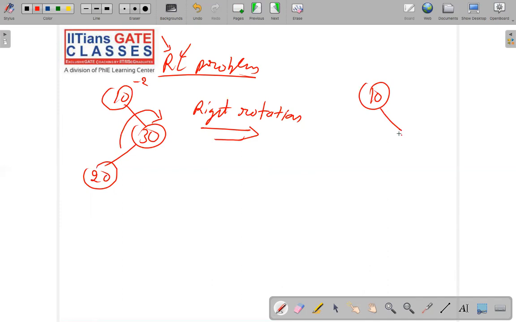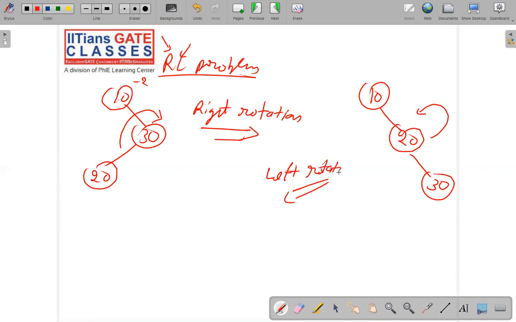So it will look like 10, 20, and 30. After that, we will do a left rotation. The left rotation will happen here. 20, 10, 30. Let's draw the children, because we want to look at the bigger picture where they may have some child node.